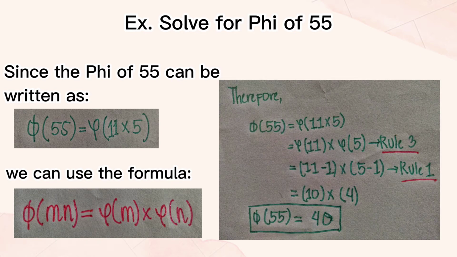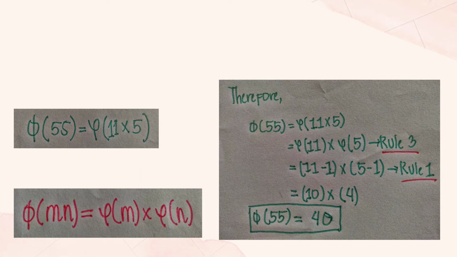So the phi of 55 is equal to the phi of 11 times phi of 5. Since 11 and 5 are prime numbers, rule number 1 can be applied, which is phi of p is equal to p minus 1. Therefore, 11 minus 1 times 5 minus 1 is equal to 40.